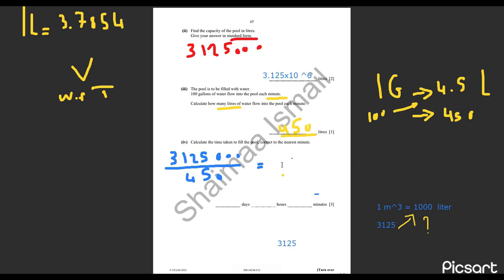We're going to get it in minutes, okay? So this will give us 6.944 on your calc, 0.4 recurred. So this is per minute. So this is the number of minutes taken. But he needed to cut these minutes, so this is not the final answer. We cannot write all this here. Okay, we have to take a point.